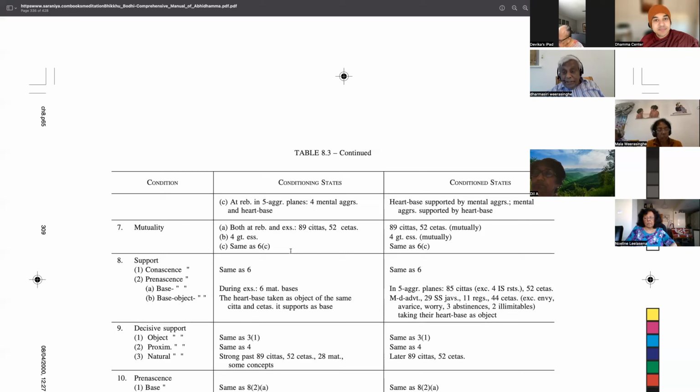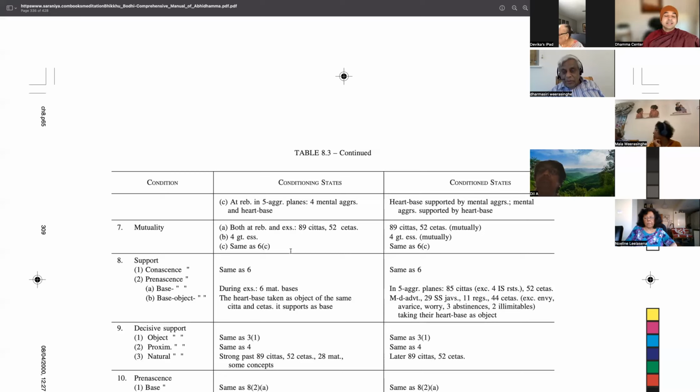Sankhara is actually 50 chaitasikas, excluding Vedana and Sanya.